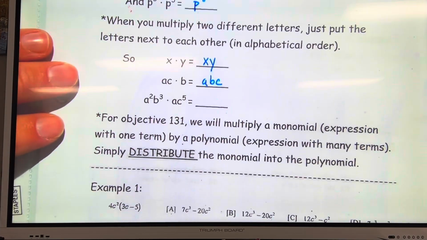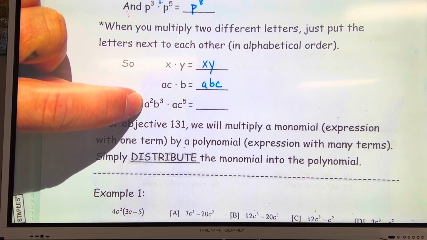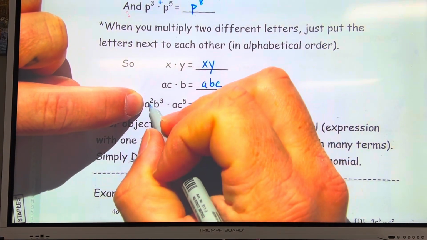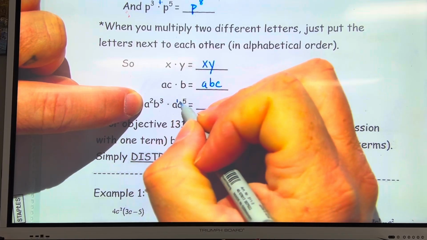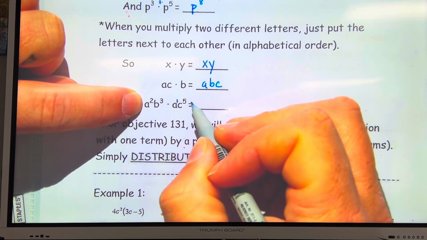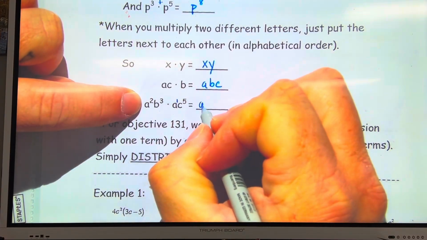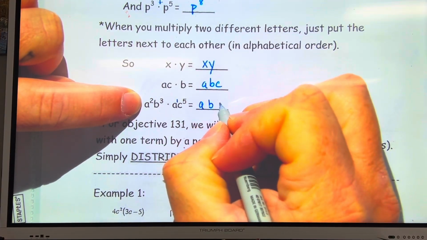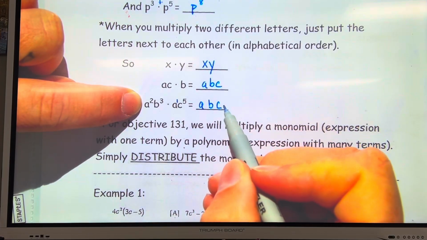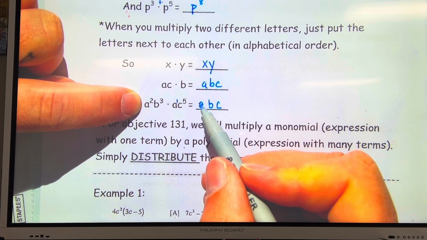Now here, we're getting a little more advanced. It's the same as this, but now I'm looking and I'm seeing I've got 2 A pieces. I have another A piece over here. I have 1 B piece, and I have a C piece over here. So it's going to be A, B, C, and notice I wrote that out so I'd keep them in the correct order, but I left a little space because I know I'm going to have to put some exponents.